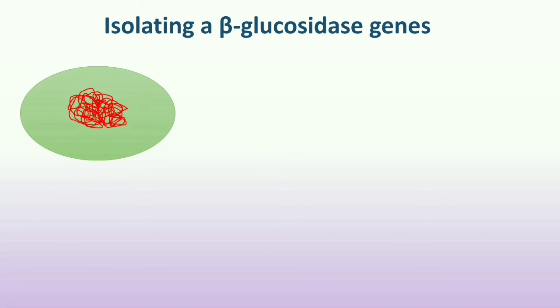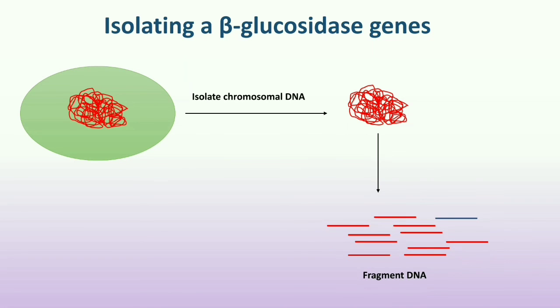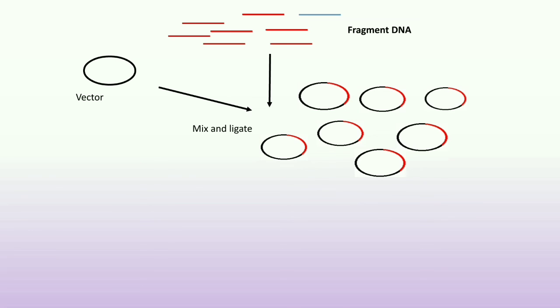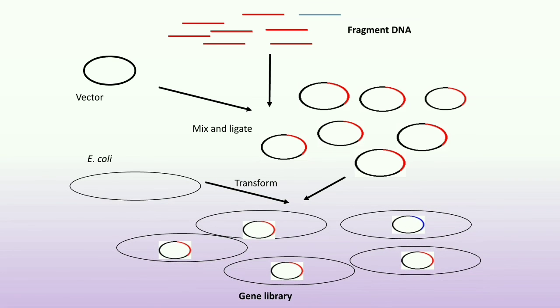So again, for isolating the beta glucosidase gene, one needs to isolate the chromosomal DNA and fragment it to obtain smaller fragments. These fragments are again cloned into vectors, mixed and ligated to obtain recombinants. They are transformed into the E. coli cells, and the gene library for this beta glucosidase is constructed.